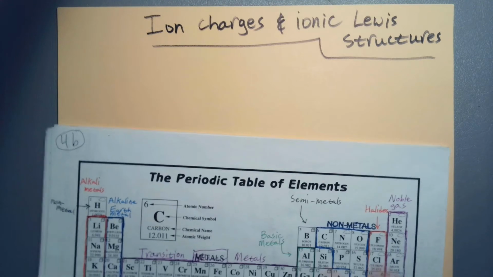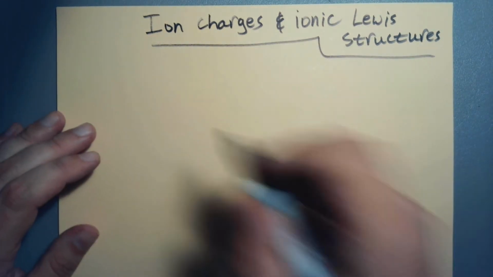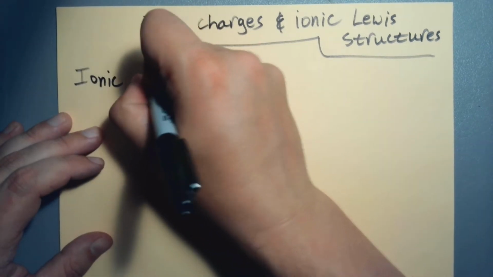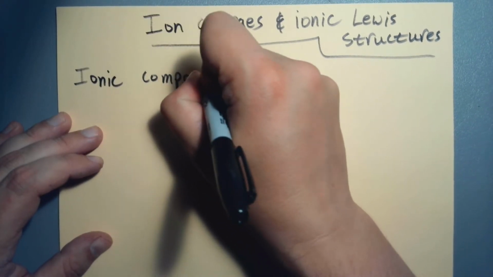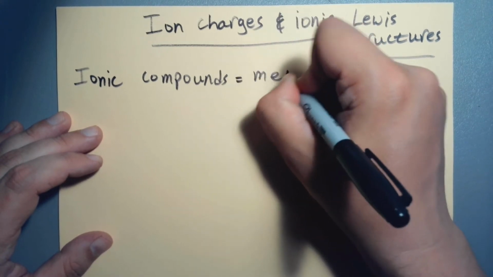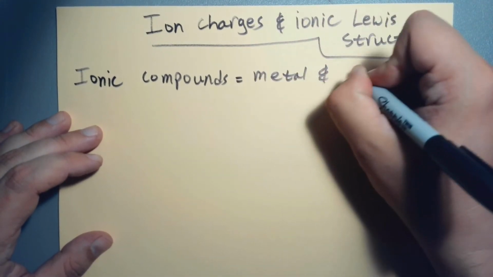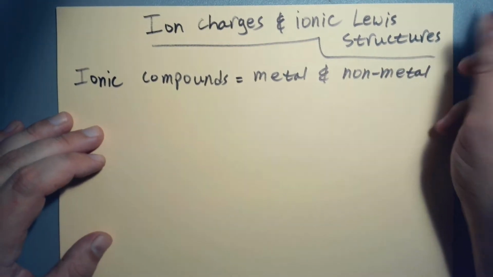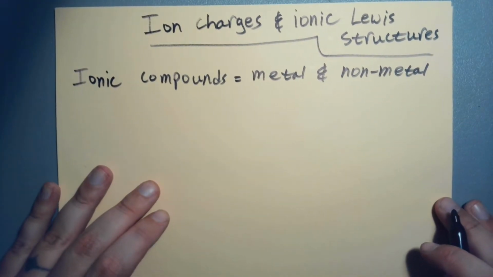So, remember that ionic compounds, just to refresh your memory, are going to be made when it's a metal and a non-metal. And we're going to build on these compounds more in the next section.